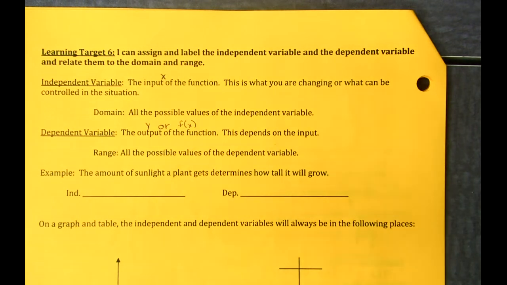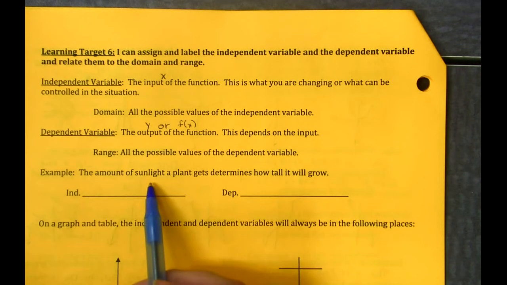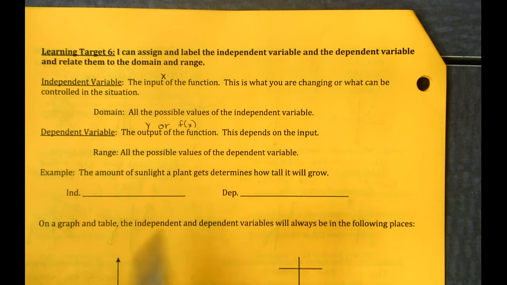So in this example, the amount of sunlight a plant gets determines how tall it will grow. Well, how tall it will grow depends on how much sunlight the plant gets. If you're going to set up an experiment, you would change the amounts of sunlight a plant gets and then see how tall it will grow in each situation.